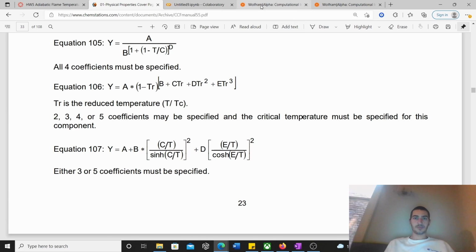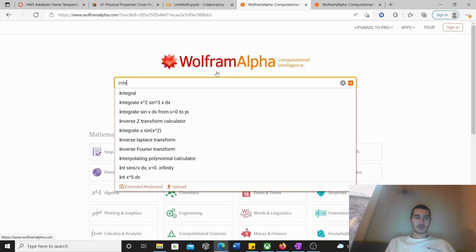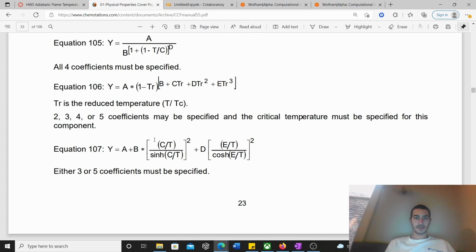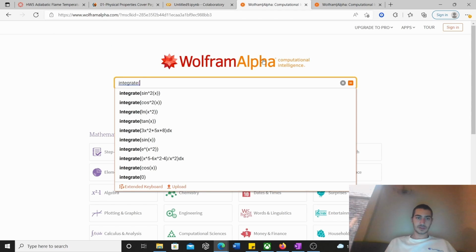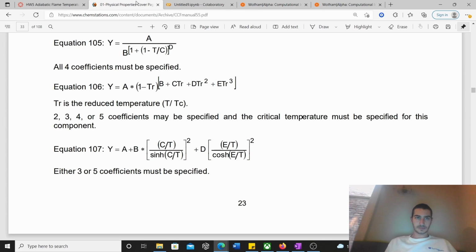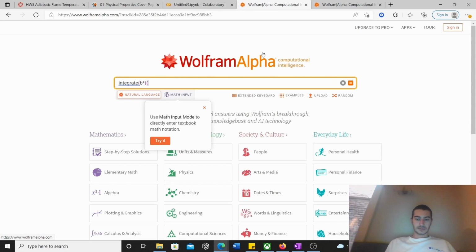the exact values. So for the first one, we're going to go to Wolfram Alpha and say that we want to integrate. For now, we'll be using B in here. We don't necessarily need to, as we're only looking for this, but just to make it more simple, we'll be using it. So we have B multiplied by C divided by the temperature, and we have that divided by the hyperbolic sine of C divided by temperature.